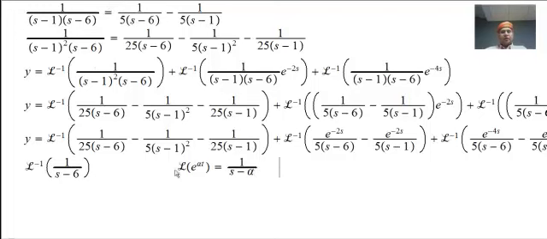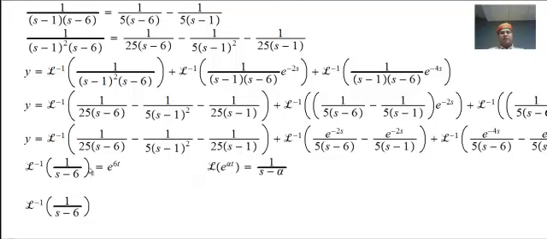Alpha. So when I look at this, what will this become then? Somebody, anybody help? E to the 6t. Very well said. So this is e to the 6t, right? Good.